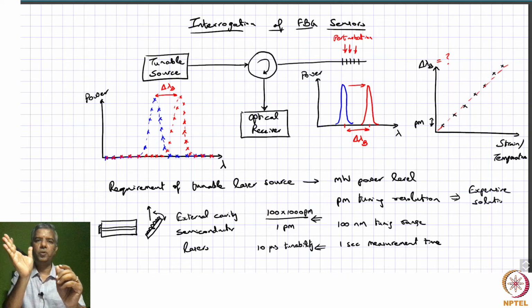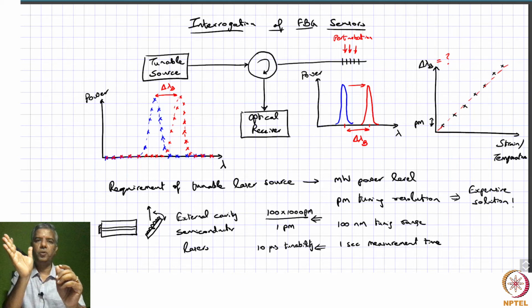These lasers are typically sold for tens of thousands of dollars, and that might not justify the price you could pay for an application like a bridge monitoring system.